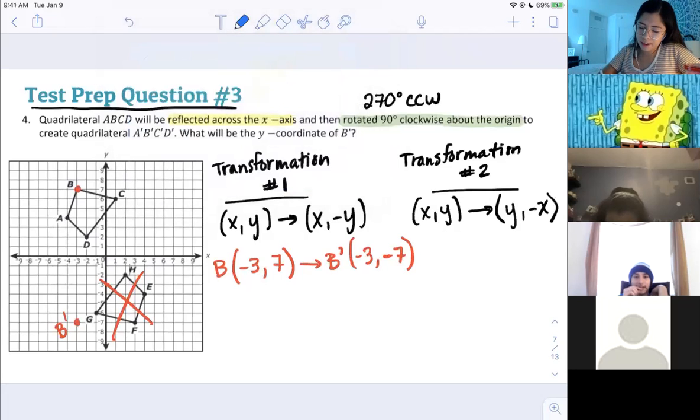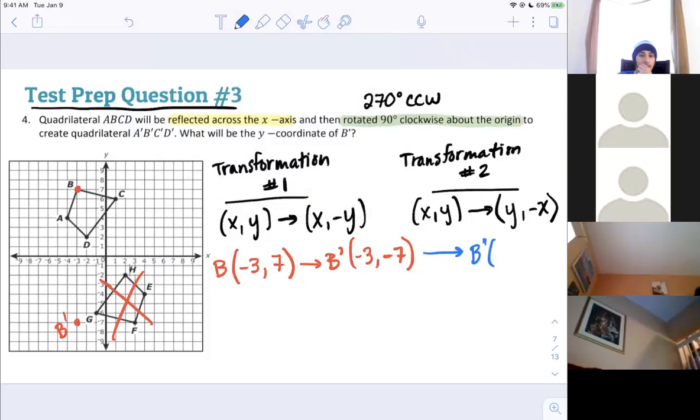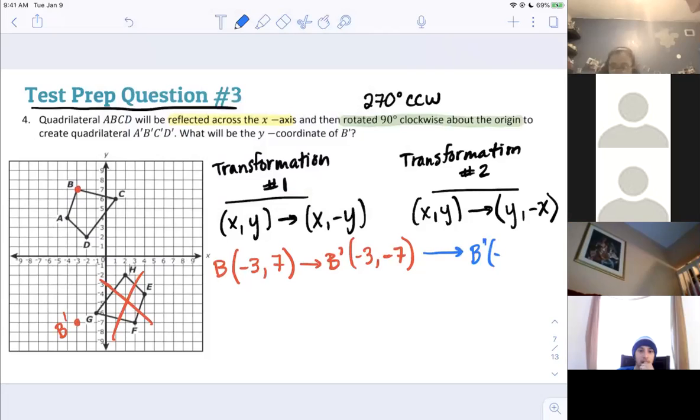So now I go ahead and I make my second transformation. And someone other than Perla, what do I get for my B double prime under this transformation? -7, comma, +3.